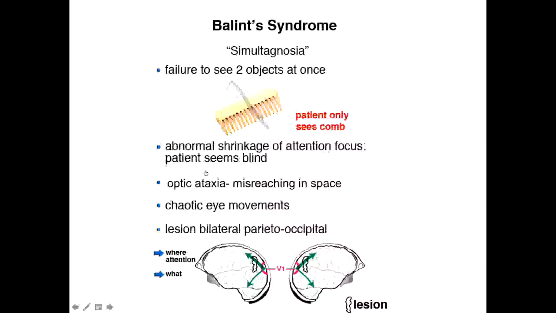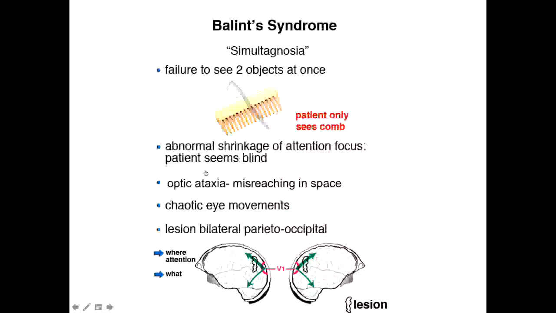That's what people think. They have optic ataxia, which I'll show you. They go to reach in space, and because they not only have problems in where objects are, because they have this more superior stream damage in spatial areas, they can't even reach for it. They're not cerebellar, which would have a terminal intention tremor for fine control. They're just completely missing.